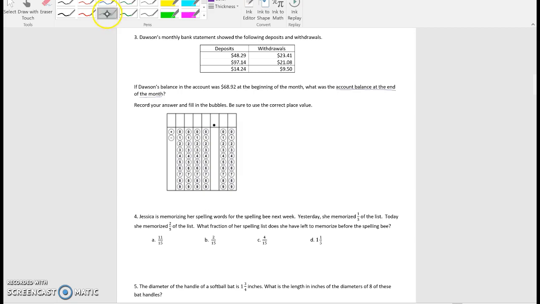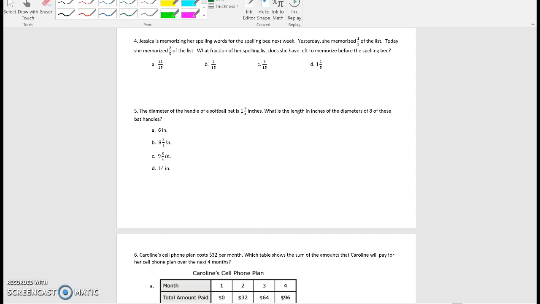And it says he started out with $68.92. So that's money he already has. So that's going to be positive money, right? And then I have deposits. So deposits. It's putting money into your bank account, and withdrawals is taking it out, right? You're drawing it out. So go ahead and solve.